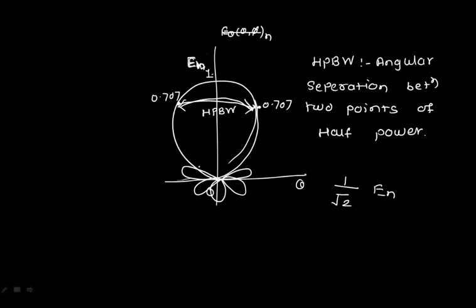Okay. What about the first null beam width? This is the half power beam width. The second is nothing but the first null beam width. Now how am I going to get the definition of the first null beam width?